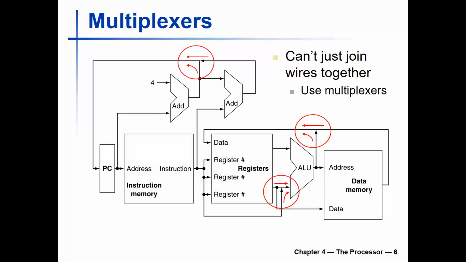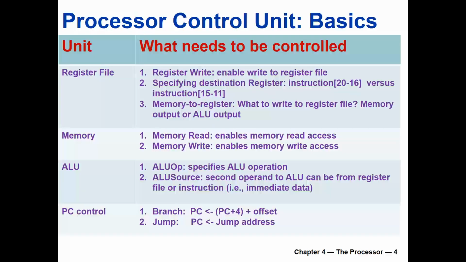Now, this is a very simplistic sketch. There are many issues that we need to address. Sometimes we need to write to the register file, for example when we save a value to one of the registers. How do we do that?